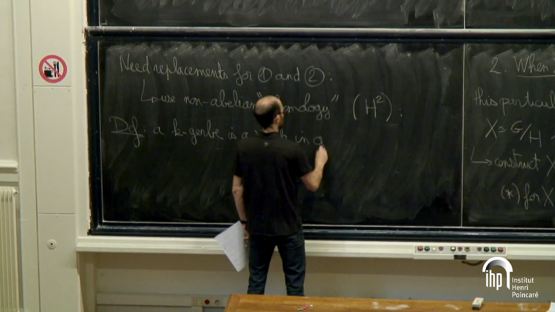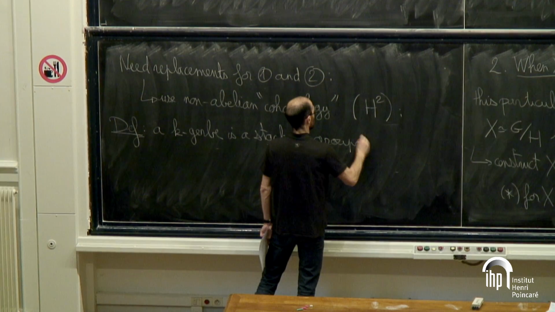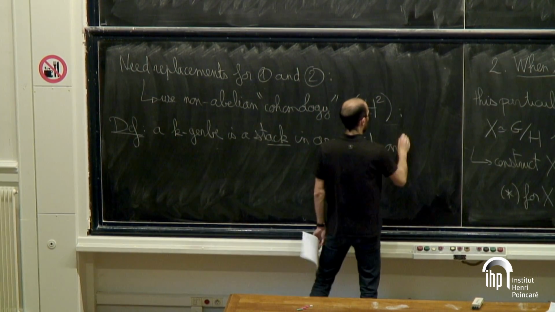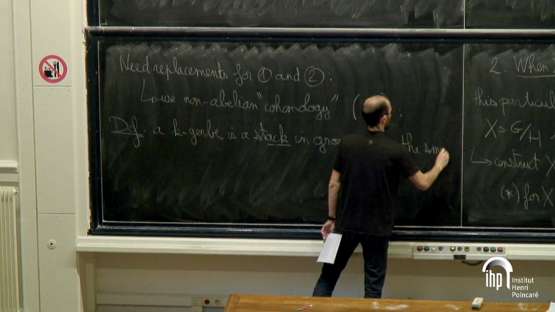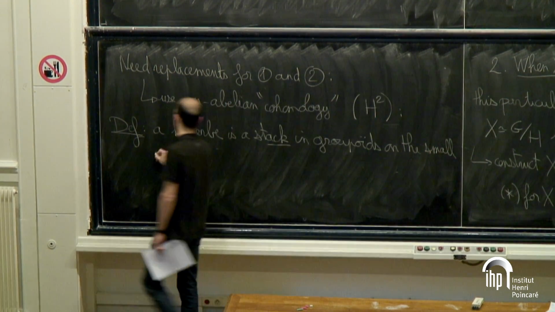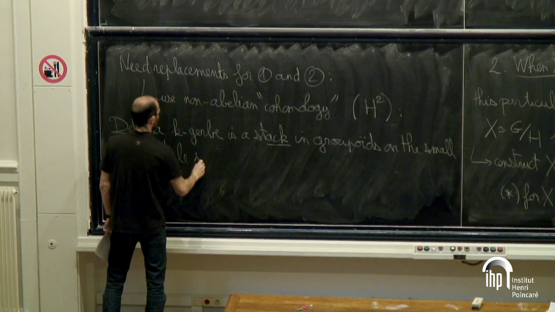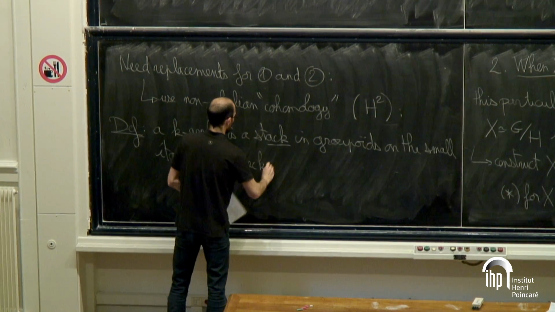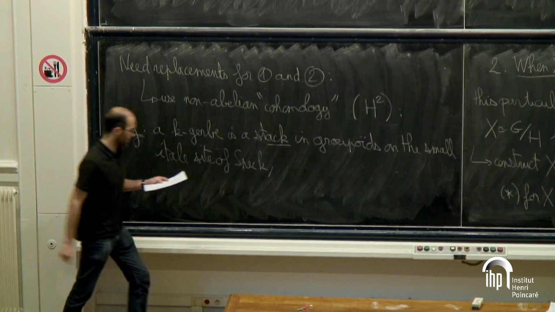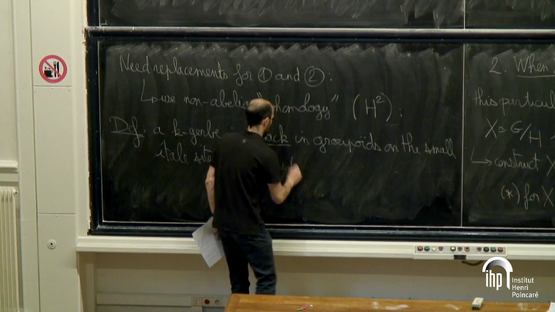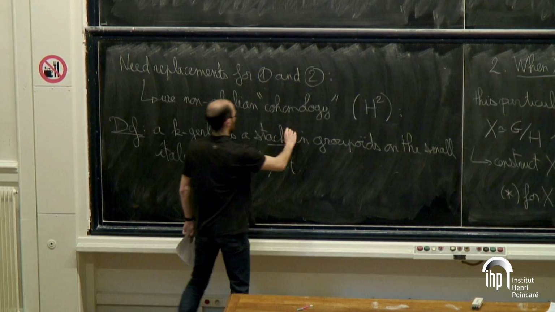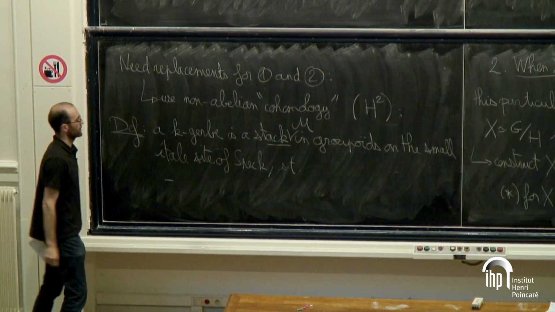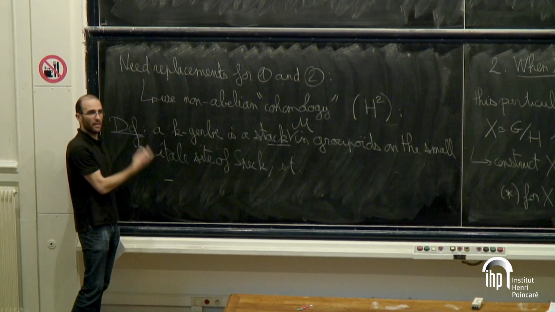A stack in groupoids on the small étale site of spec K, which has nice properties. So a stack, say M, for instance, and the nice properties will be that M is locally non-empty and M is locally connected.